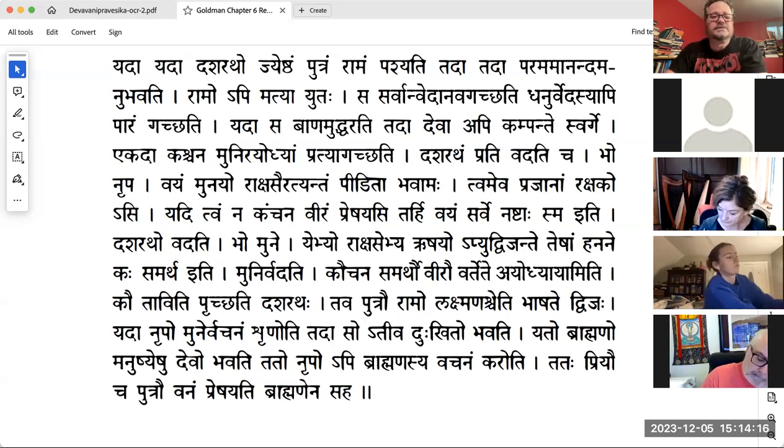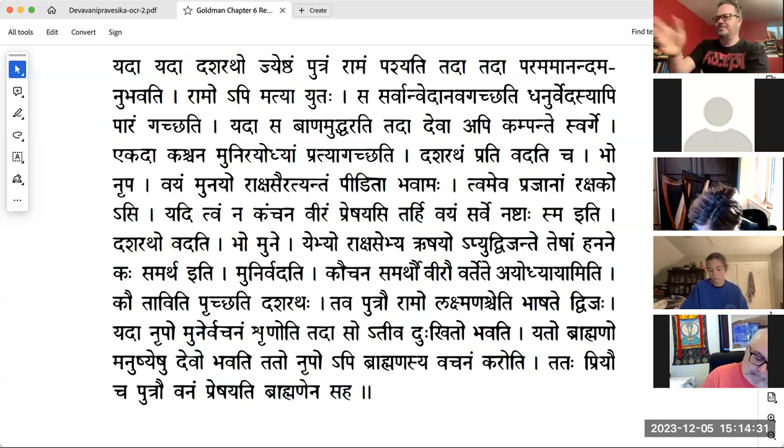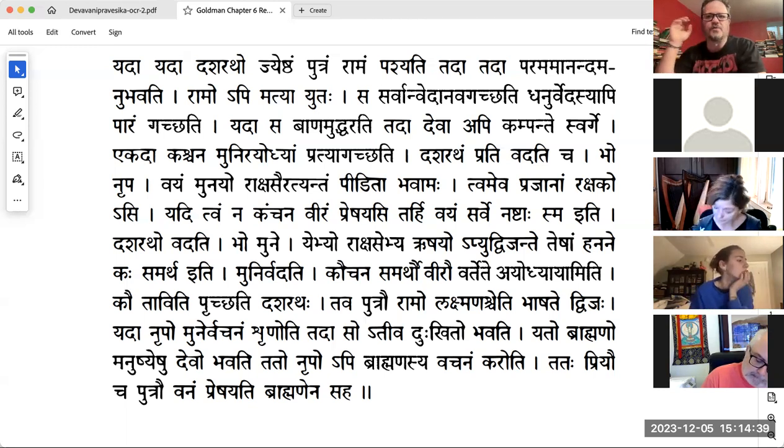Yada is the relative and tada is the correlative. So in this sense, it's flipped from English. We would say this thing that does this, whereas Sanskrit says that thing this does. So it's a little tricky, but if you just remember the series and feel for it, and when they're repeated twice, what does that mean?